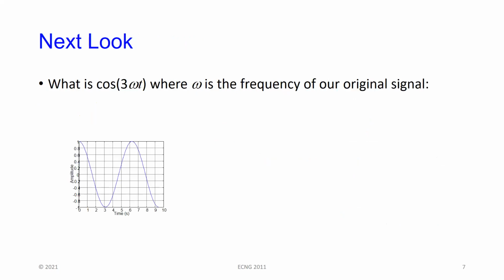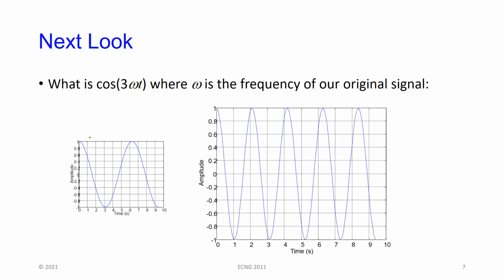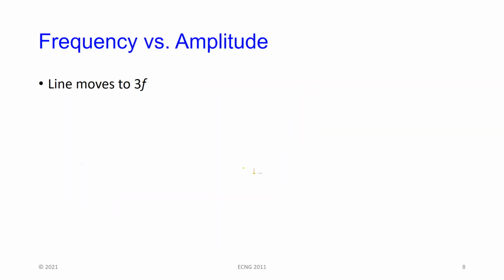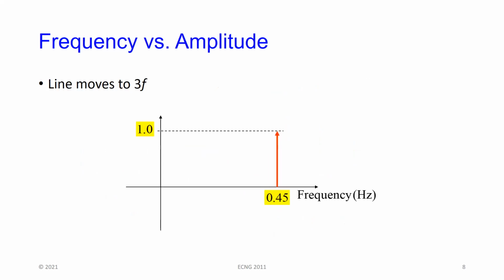If I now have cosine 3 omega t, where omega is the frequency of our original signal, obviously that signal now is going to vary faster in time. So the amplitude versus time is going to oscillate quicker, up, down, and so on. Now if I were to ask you, what is the frequency of it?